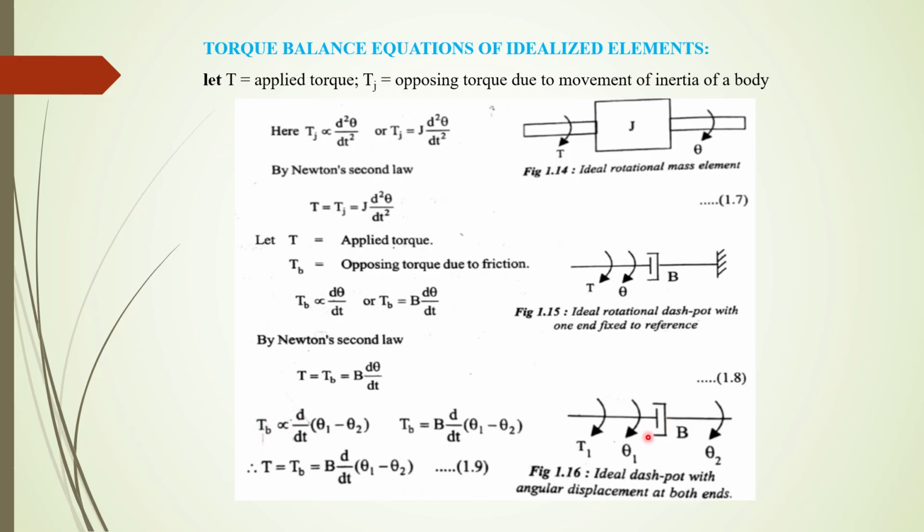So now based on this, we can write the torque equation as TB directly proportional to d over dt of theta 1 minus theta 2, which can be written as TB equals B d by dt of theta 1 minus theta 2. So based upon Newton's second law, T equals TB equals B times d by dt of theta 1 minus theta 2.